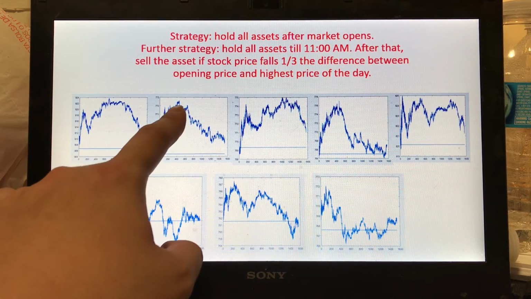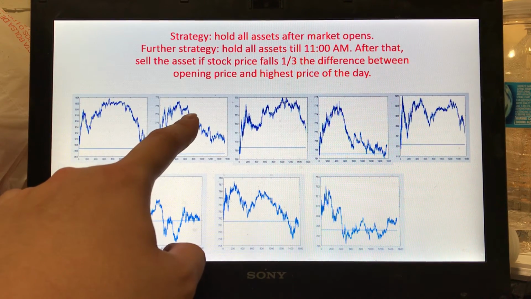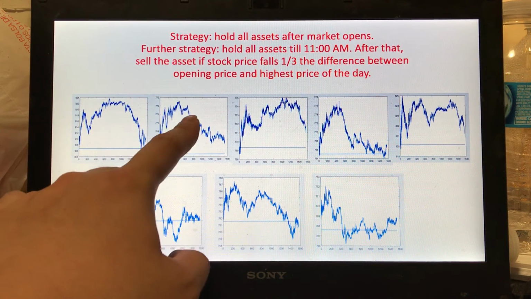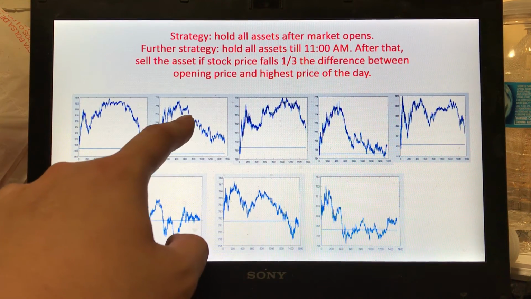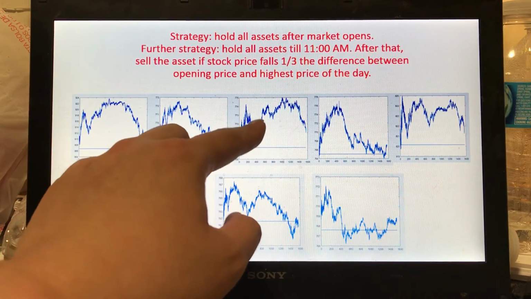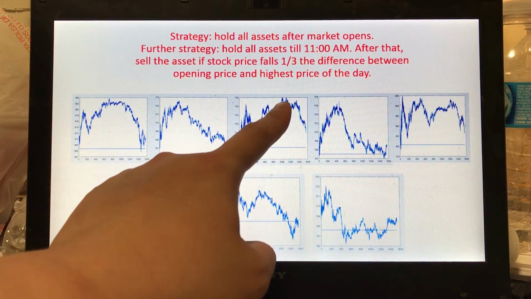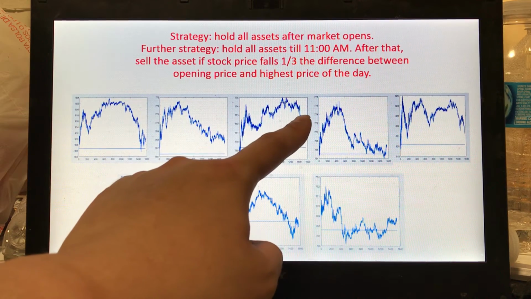I'm definitely keeping my asset, and I might consider selling all my asset after I see that it drops to this point.